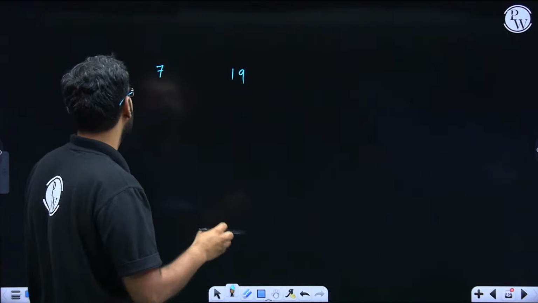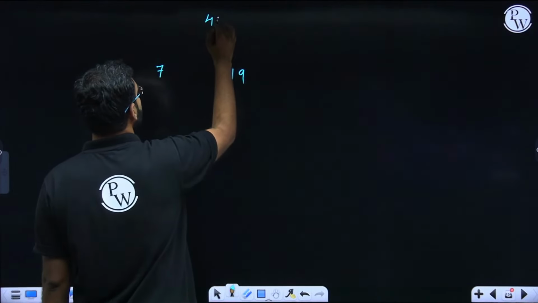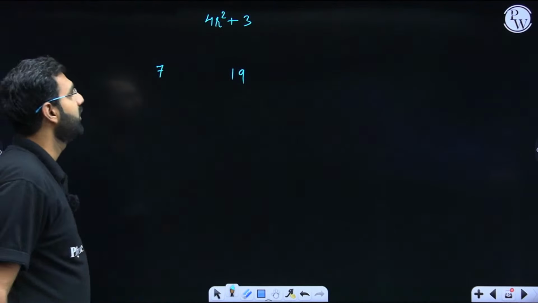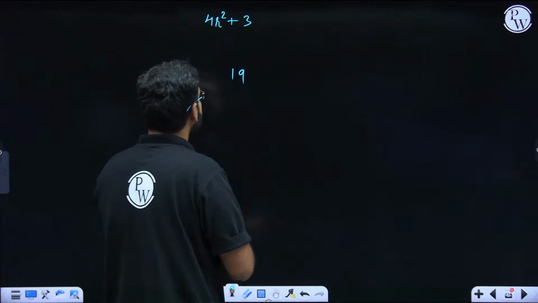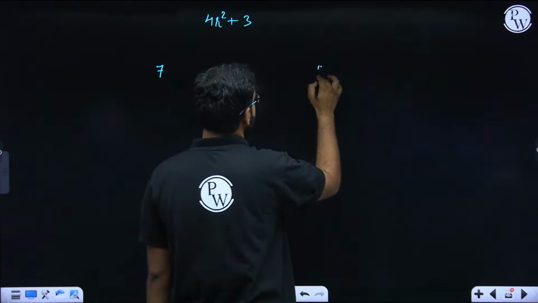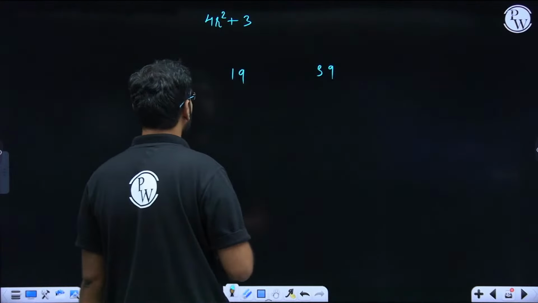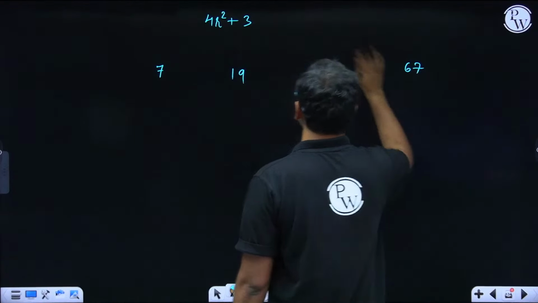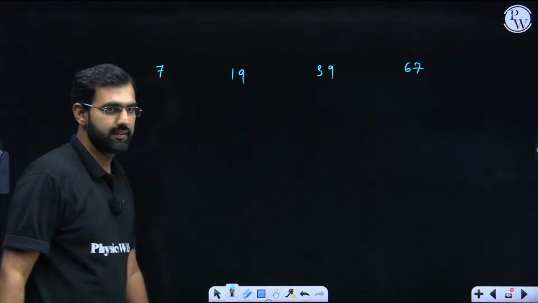I'm just writing this sequence as 4r square plus 3, right? So when r is 1, it is 4 plus 3, 7. When r is 2, it is 16 plus 3, 19. When r is 3, 9 into 4 is 36, that's 39. When r is 4, that is 16 into 4, 64, plus 3, 67. Let's say this is a sequence.